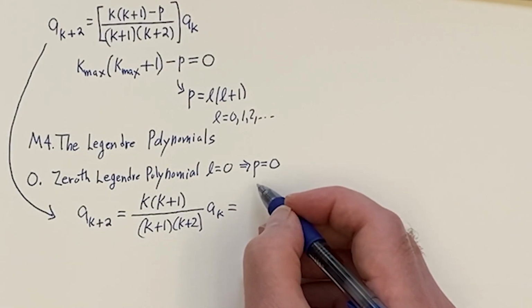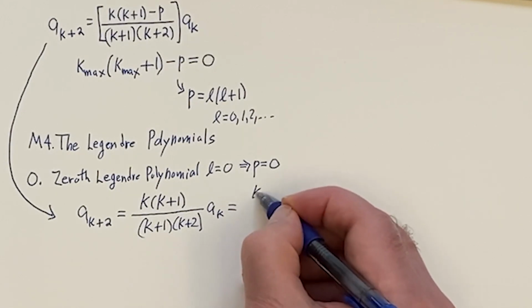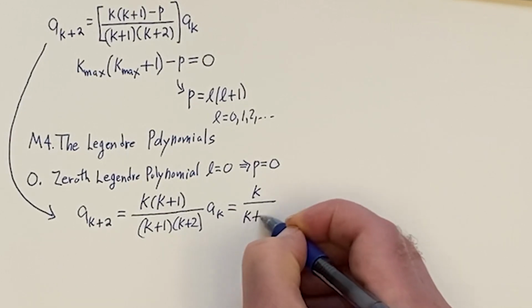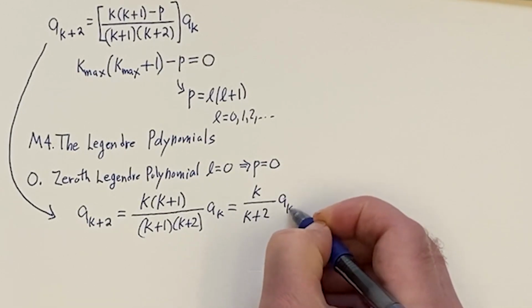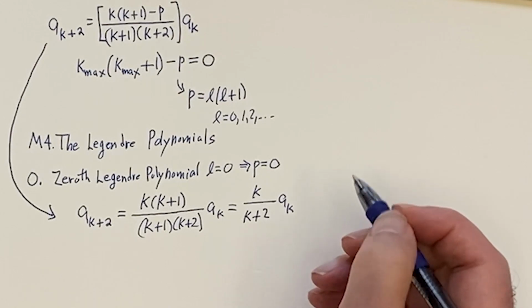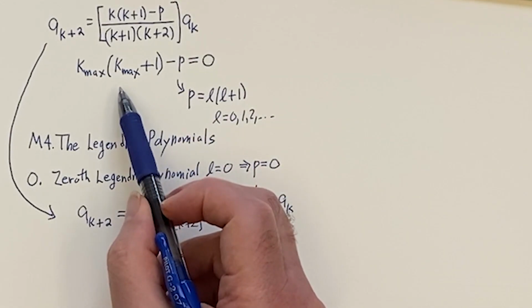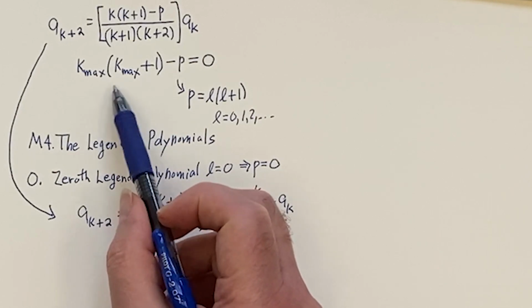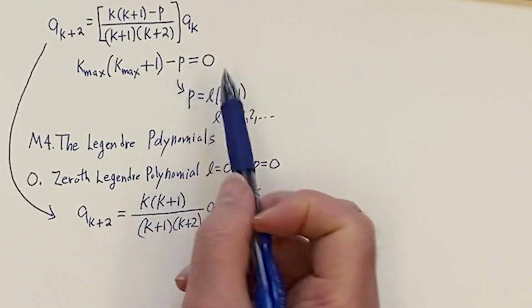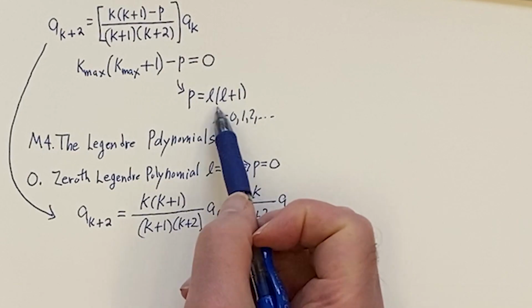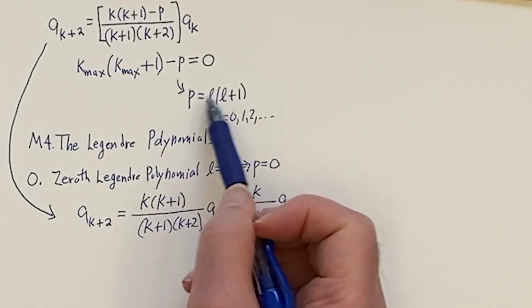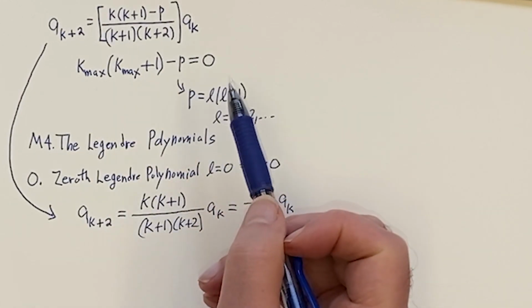And we'll have K over K plus 2, A sub K. And the K max here is going to be the case where you get 0, because that's the case we're doing.